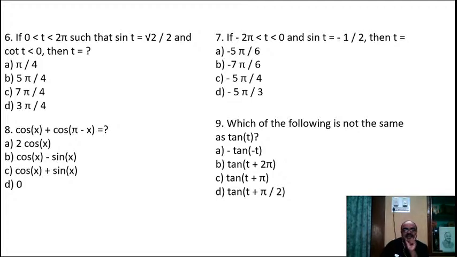In the rest of the cases, it is the same. Minus of tan of minus t, minus into minus becomes plus tan t. Tan of 360 plus t, first quadrant, tan t. Tan of 180 plus t, third quadrant, tan t. All first A, B, C are tan t's, whereas in the fourth one, it is minus cot t.